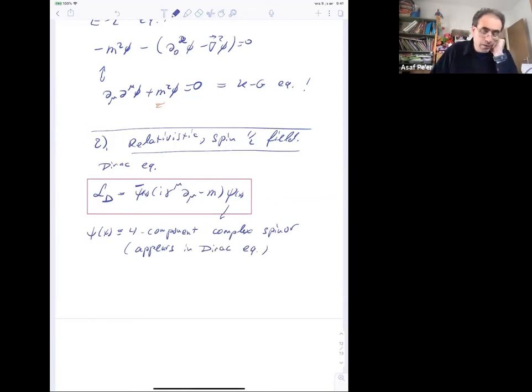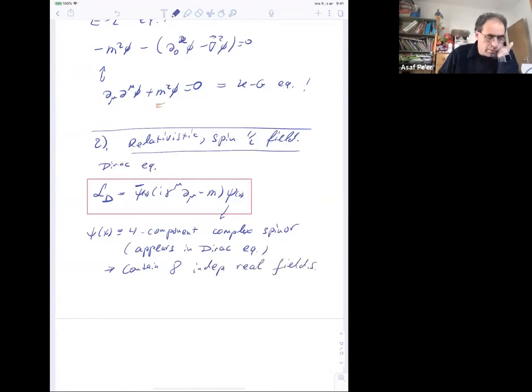It really has 8 independent real fields, because there are 4 components, and each one is complex, so it has real and imaginary parts. We can use all these fields as generalized coordinates if we want to, but it's much more convenient to use some linear combination of them.